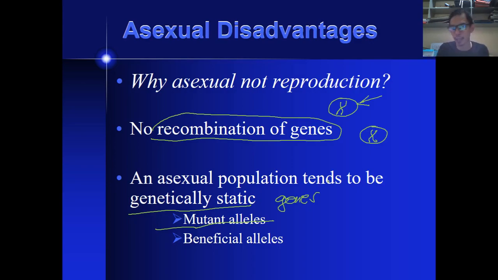The genes from the parent to the daughter cell are very similar. Unless the environment is beneficial to that organism, it's okay for the population to be genetically static.